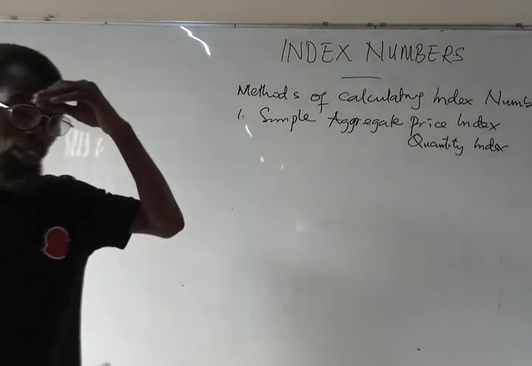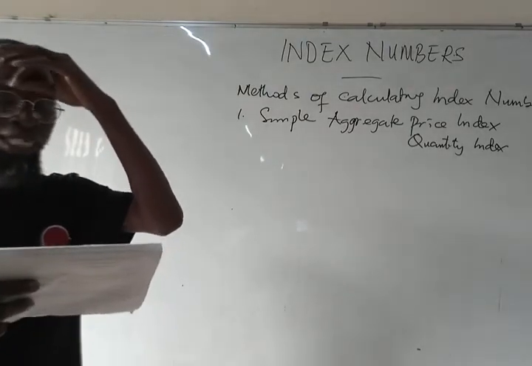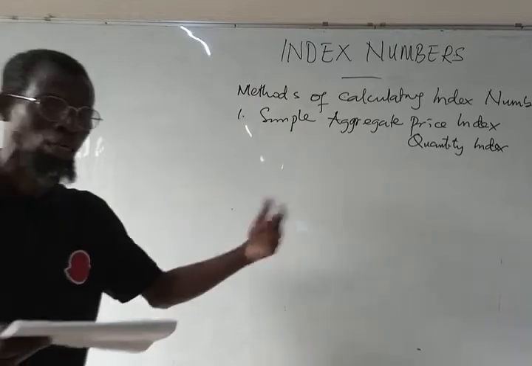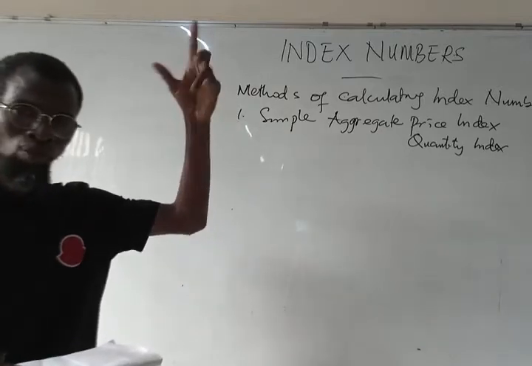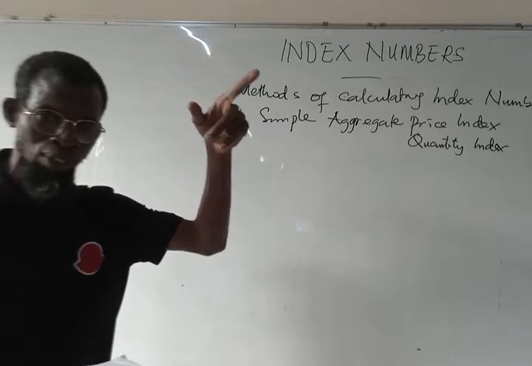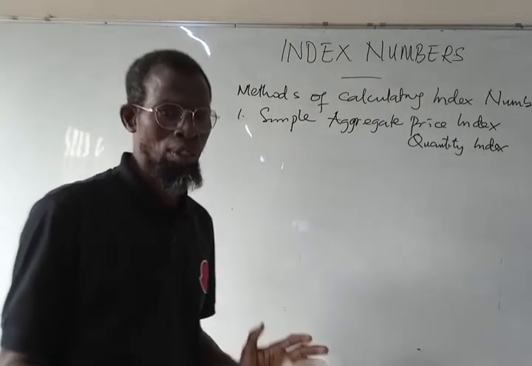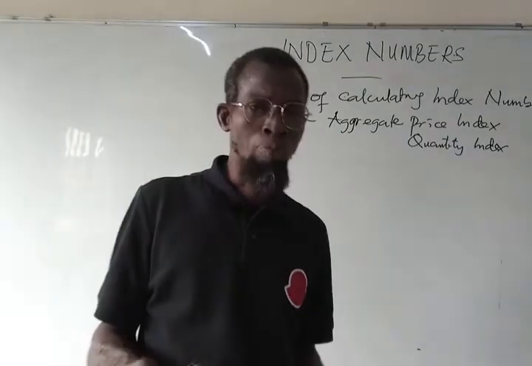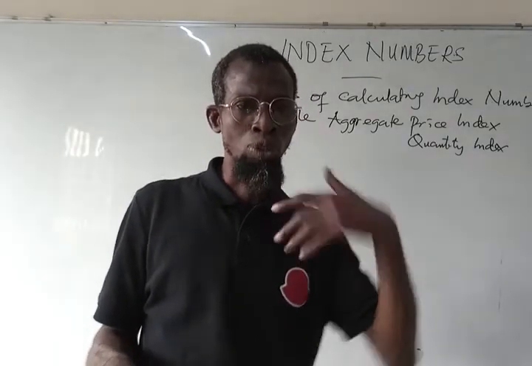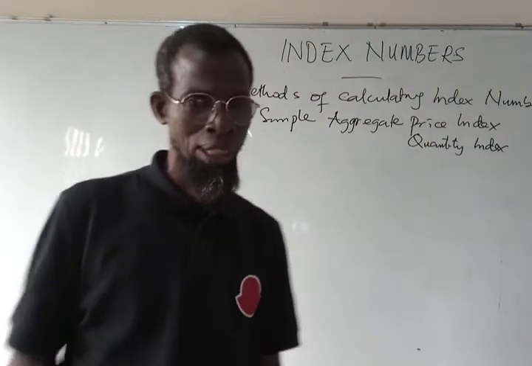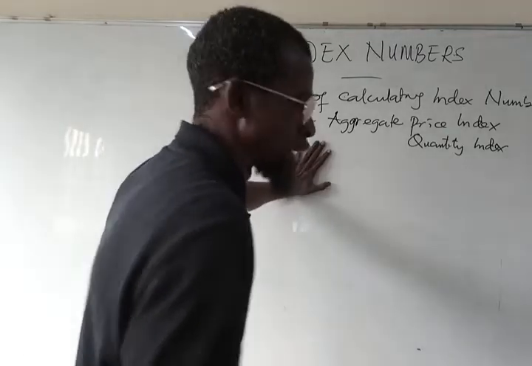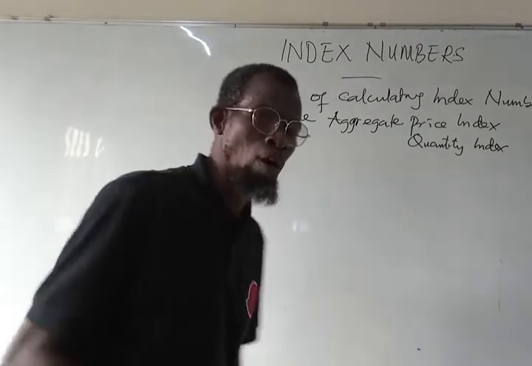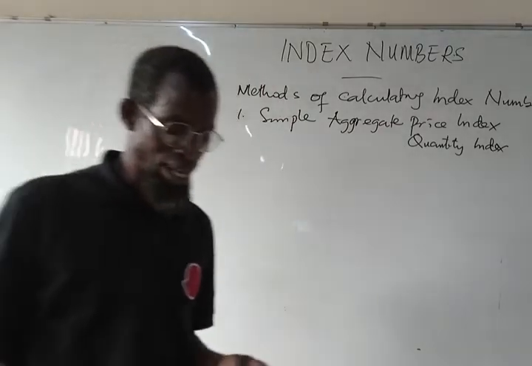The word that changed there is total, because we are using the word aggregate. Unlike the other one, where it's just one quantity we are considering, here we are considering many. That is why we use the ratio of the total commodity value of the current year over that of the base year.